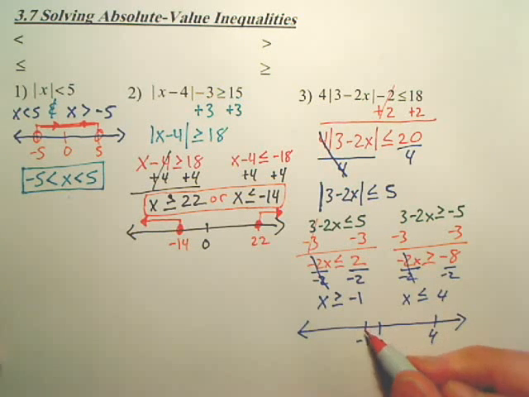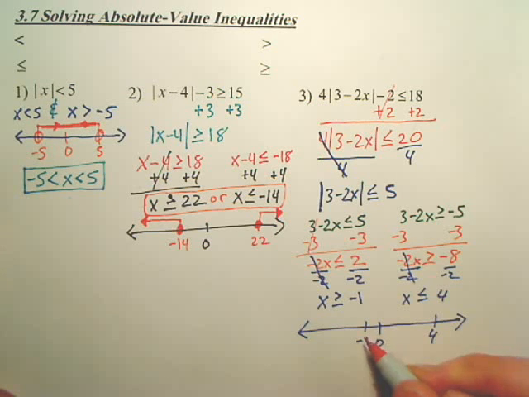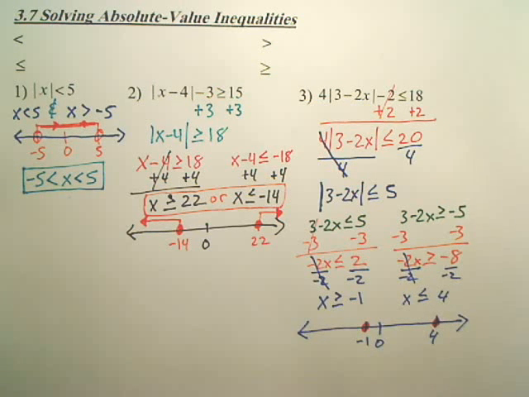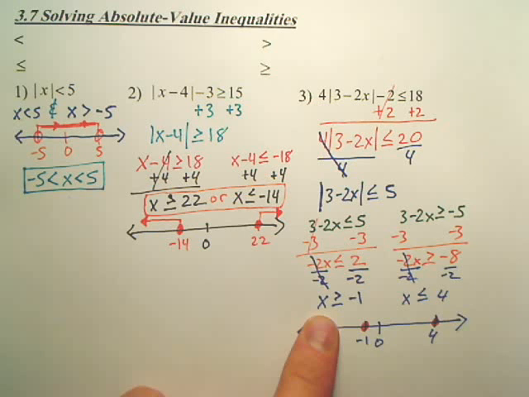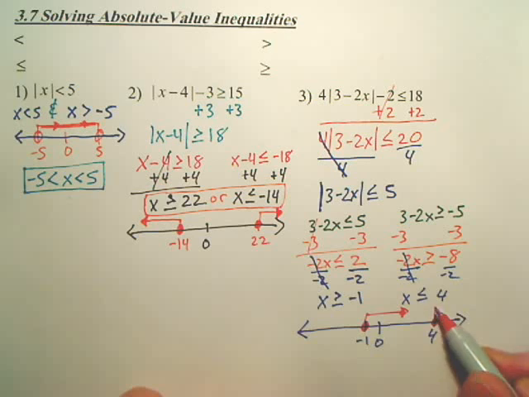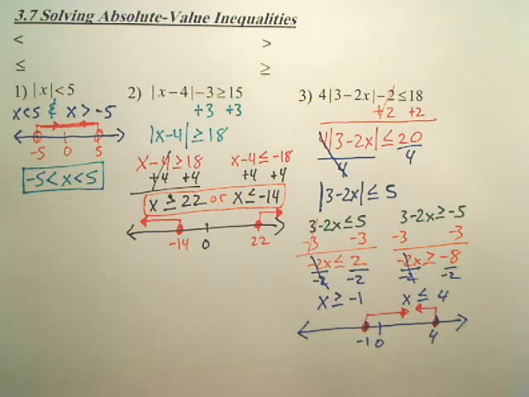Okay, open or closed circles. It's closed circles because it's or equal to. And let's graph it. Greater than or equal to negative 1 means this way. Less than or equal to 4 means it's this way.